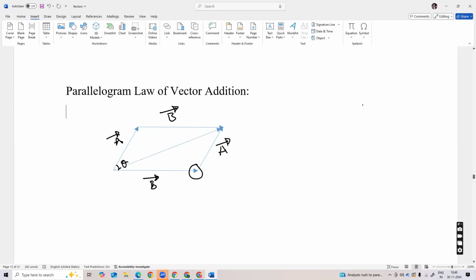So this is basically the resultant of these two vectors.